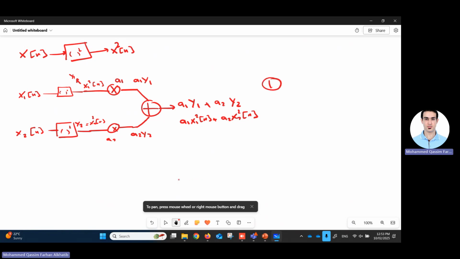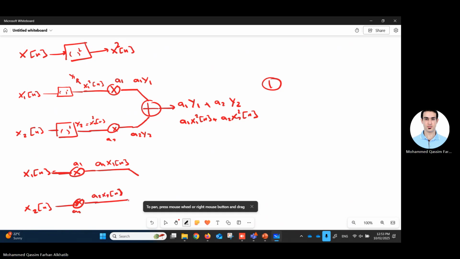The other part, we do the multiplication by constants, we do the addition, add them, then apply it to the system. So here you have x1 of n, multiply it by a1, you'll get a1 x1 of n. Second, x2 of n, you multiply it by constant a2, you get a2 x2 of n. Then you add them, so you have a1 x1 of n plus a2 x2 of n.